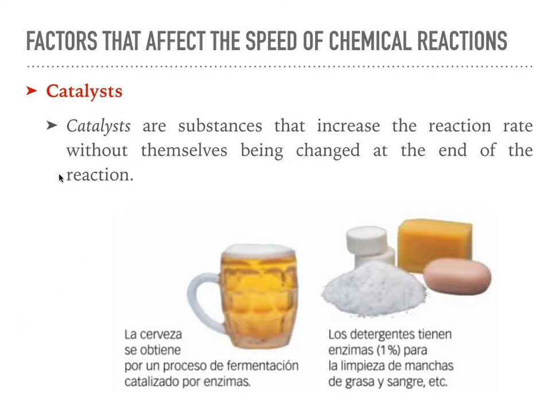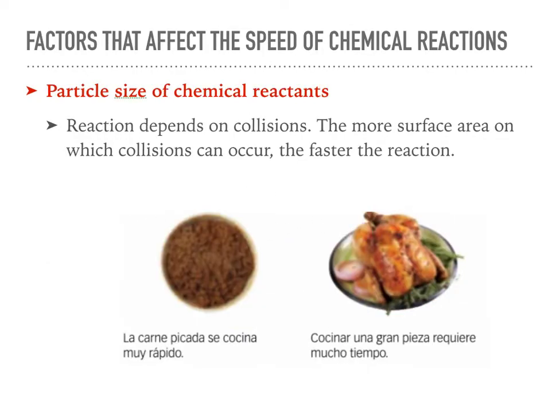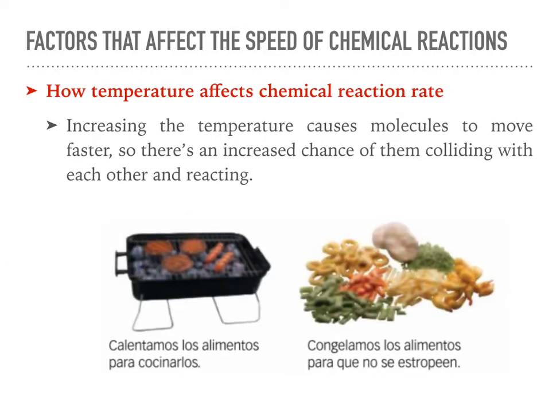You need to memorize this, because it's nothing that you really see every day. You think the beer happens naturally, and you don't know that if you don't put the catalyst, it is much slower. These are common day examples, but the catalyst is something you need to memorize.